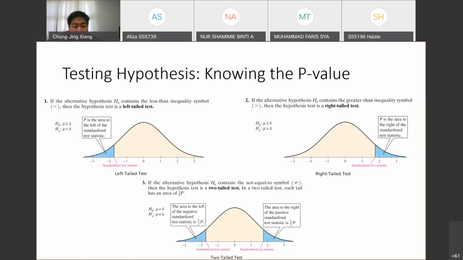When you have the left tail test or right tail test, the P you are going to assess will be 0.05. But if you have a two tail test, you have to divide the P by 2. Meaning when you set your P value to be 0.05, it will become 0.025.